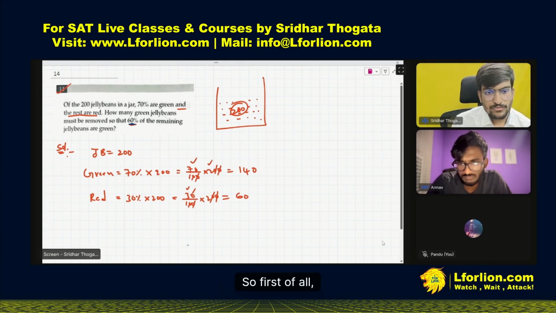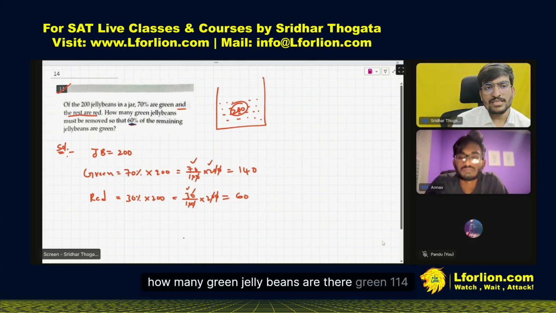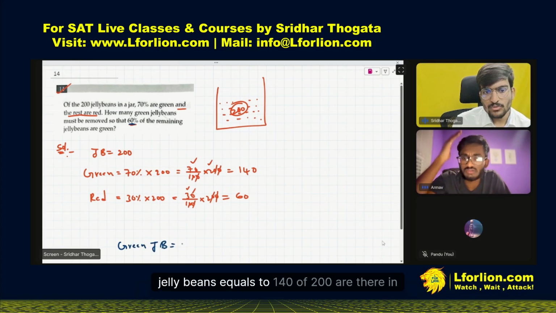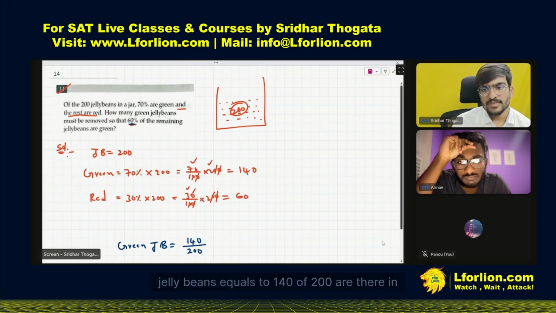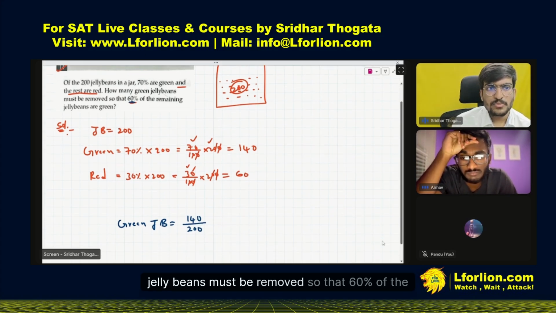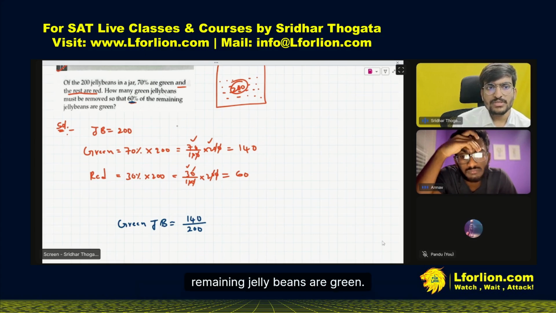So first of all, how many green jelly beans are there? Green 140 jelly beans, 140 of 200 are there. In that, what they are saying, you have to remove how many jelly beans must be removed so that 60% of the remaining jelly beans are green.